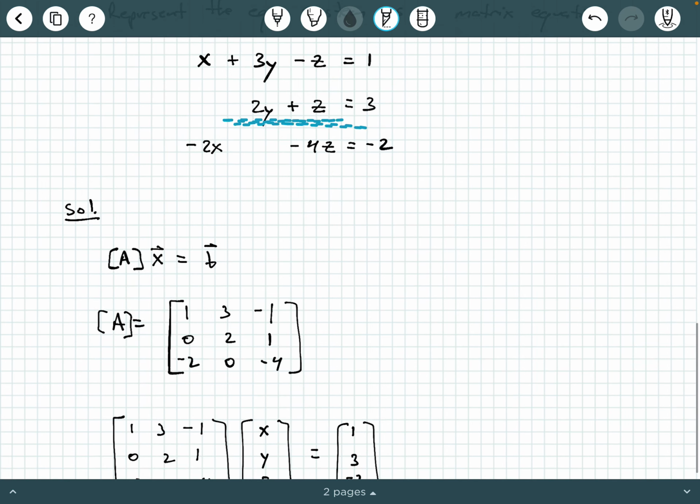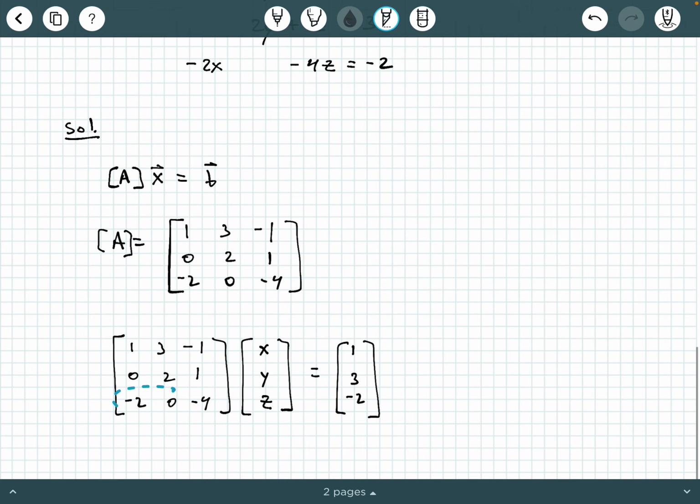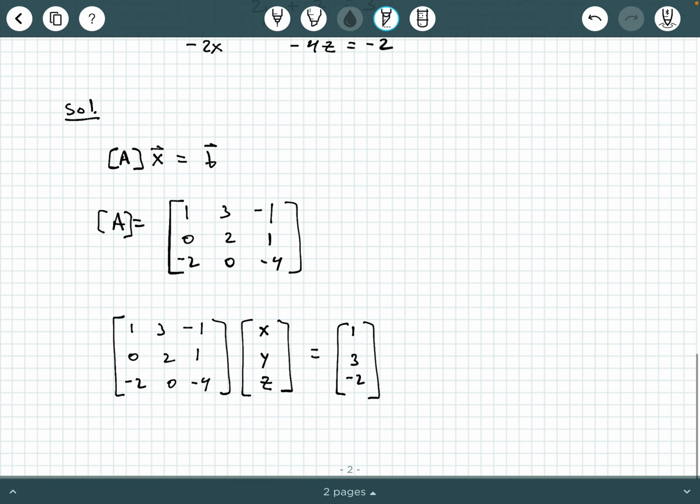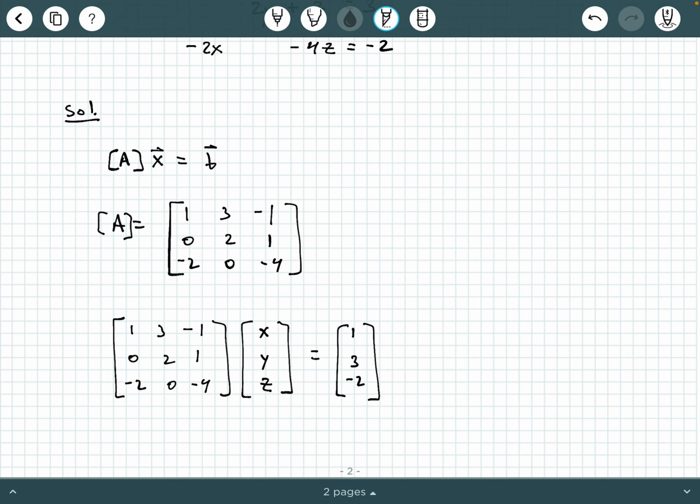That's our second equation here. And then we have row 3 of the left matrix times the one and only column of the right matrix equals -2. That's our third equation. So again, this technique is really just used to express a system of equations in a different form, and that form is called a matrix equation.